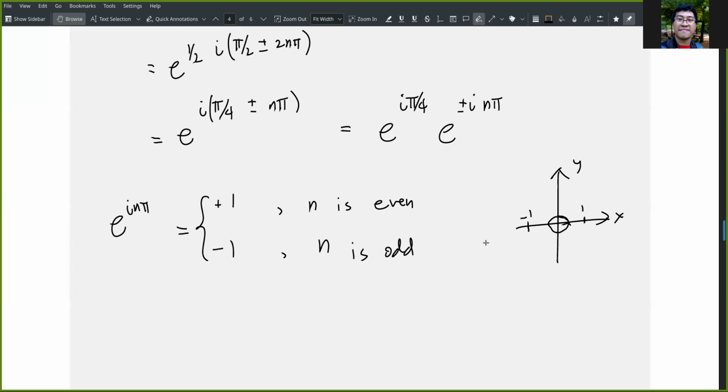So that's why if n is a multiple of 2 pi, n is even, we get plus 1. If n is odd, say pi, or minus pi, or 3 pi, 5 pi, minus 3 pi, minus 5 pi, and so on, we get negative 1. So there are only two values.